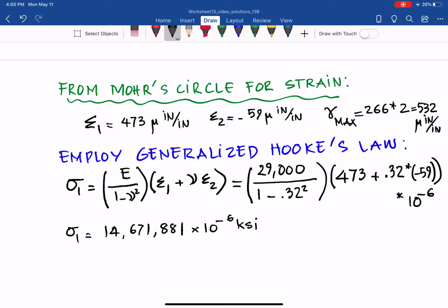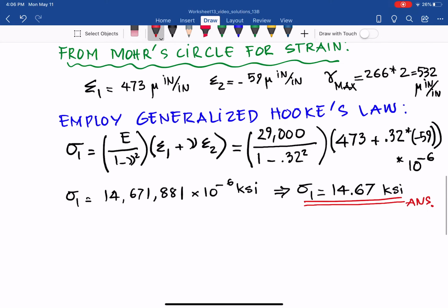And streamlined, as you can see, sigma 1 equals 14.67 KSI. That is the first answer.